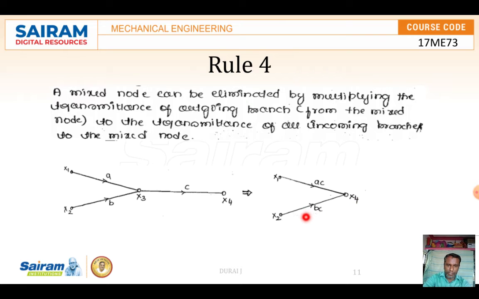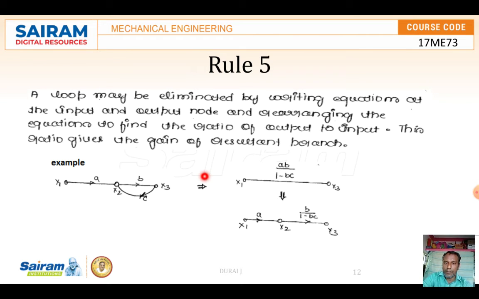Eliminating the x3 node, b into c: x4 is equal to bc into x2. That is what they are showing here. So these gain transmittances are multiplied, since b and c are connected in series, eliminating the mixed node. Then comes the last one.